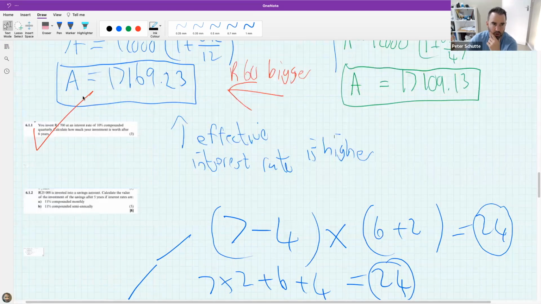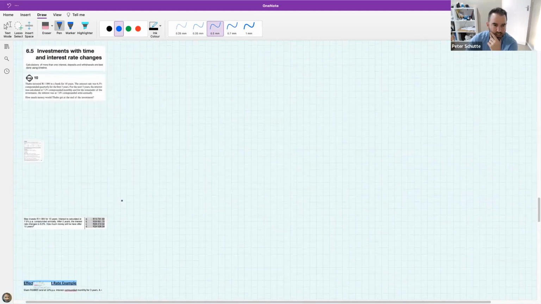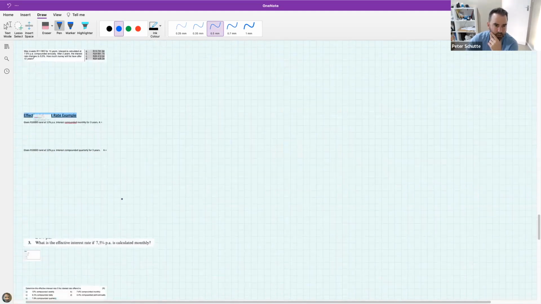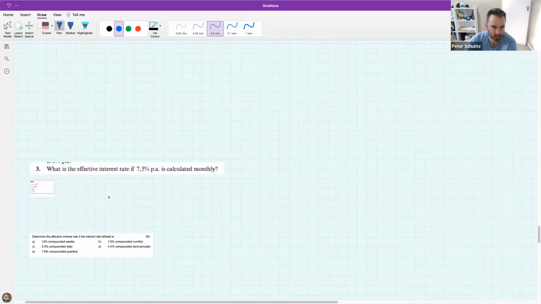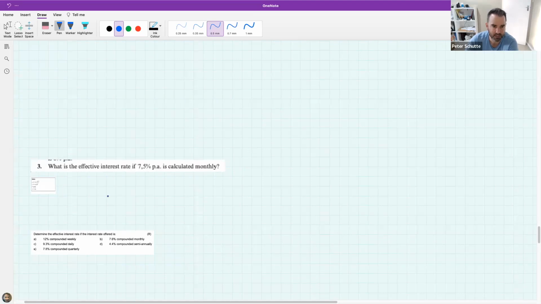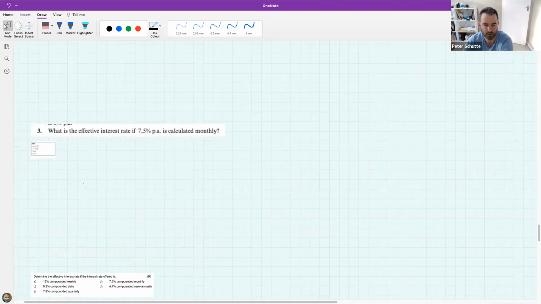Okay, what I want to show you, before my screen goes crazy, is effective interest rates. Okay, so I need a formula. Here's a question from an old exam. What is the effective interest rate? And then we'll go on to the other ones later.